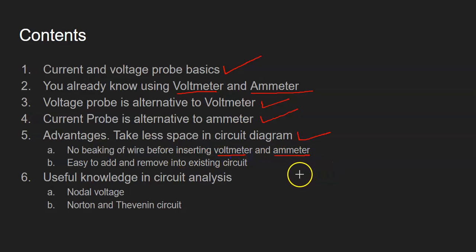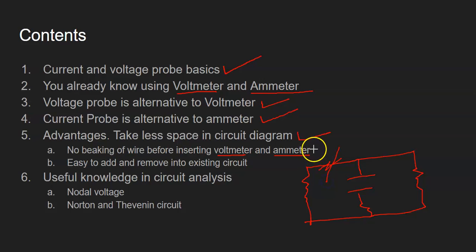Assume that you already have a circuit in Proteus and you would like to use a voltmeter or ammeter in this circuit. You will first have to break this wire and introduce the ammeter, and if you want to introduce the ammeter here, you have to break this wire and put the ammeter into the circuit.